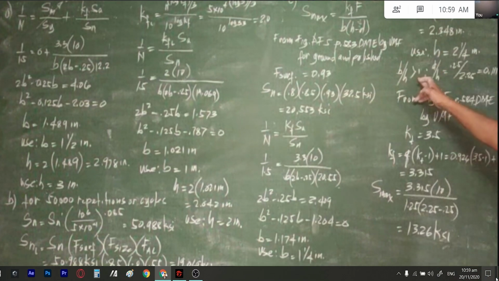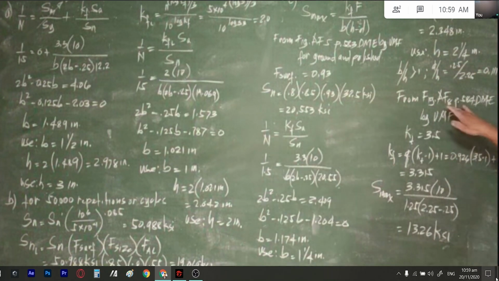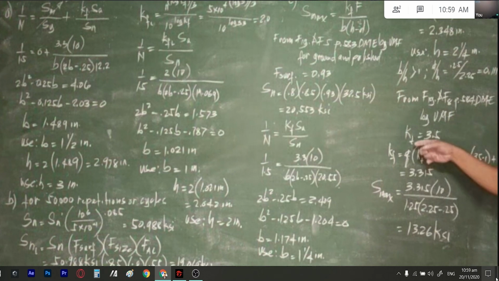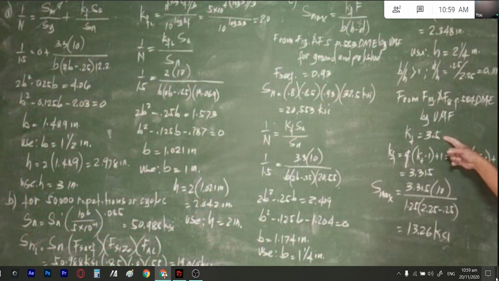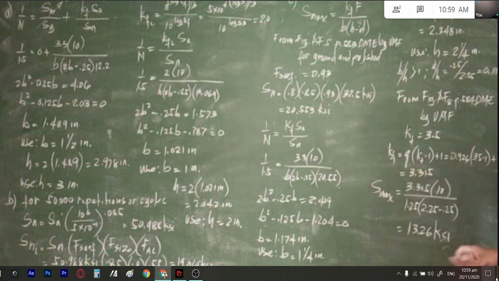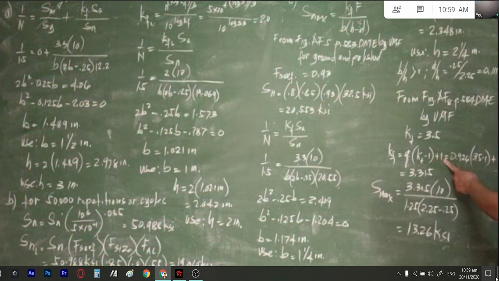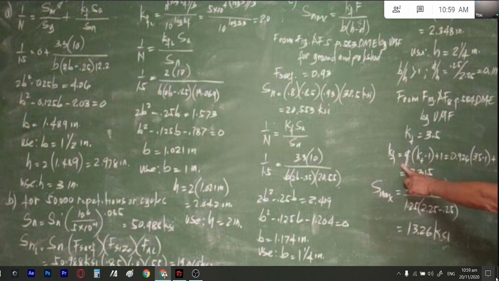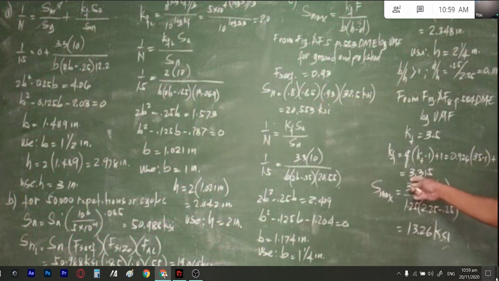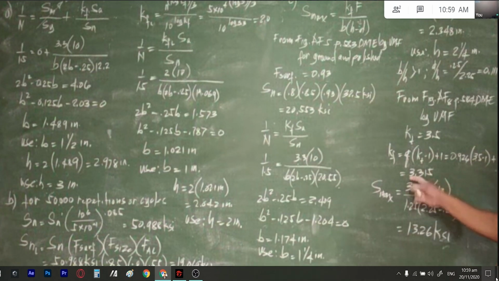For r over d greater than 1, we will have r over d equal to 0.111. From figure A-15, page 584, Design of Machine Elements by Faires, we assume Kt at 3.5. Therefore, Kf will be equal to q multiplied by Kt minus 1 plus 1, the notch sensitivity factor multiplied by the quantity theoretical stress concentration factor minus 1, or that will give us 3.315.